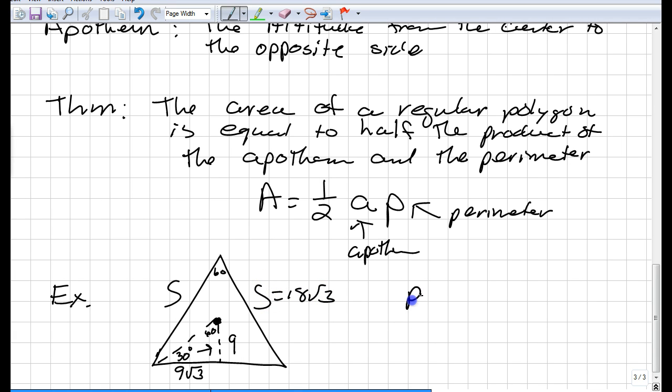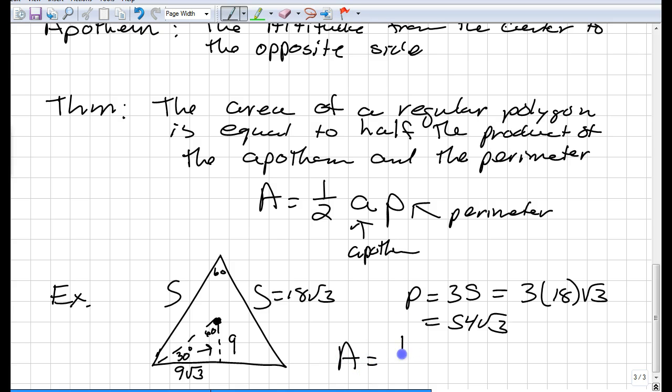So the perimeter is 3s, or 3 times 18 square root 3, which gives us 54 square root 3. Now we have everything we need to find the area. So area is equal to 1/2 the apothem, which is 9, times 54 square root 3. And so that gives us 243 square root 3 units squared. Right?